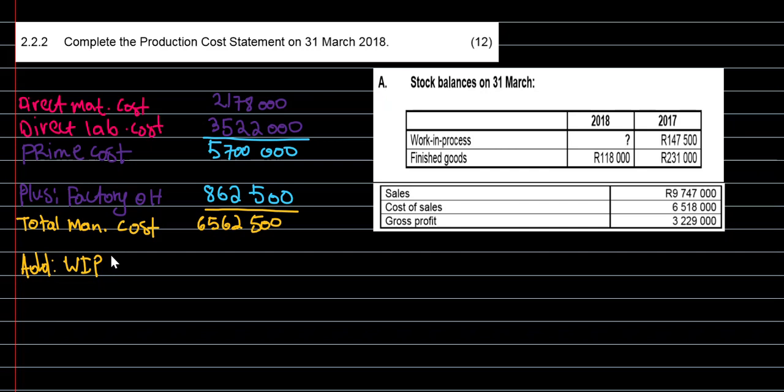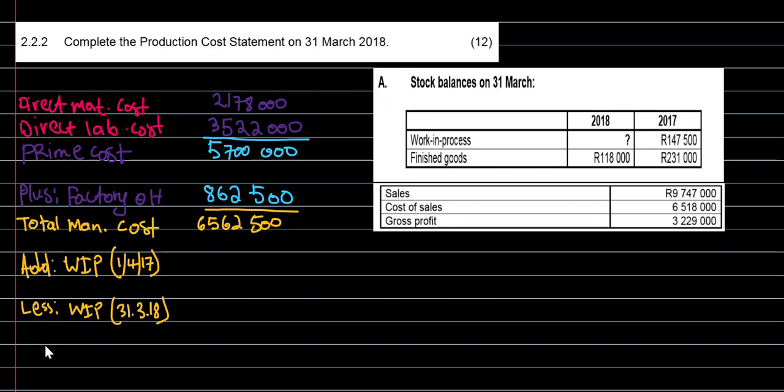WIP means work in progress at the beginning, 1 April 2017. Then we're going to say less WIP, less WIP 31st March 2018. That's our current year opening balance there.